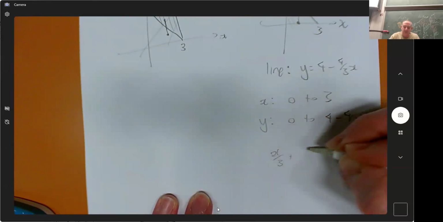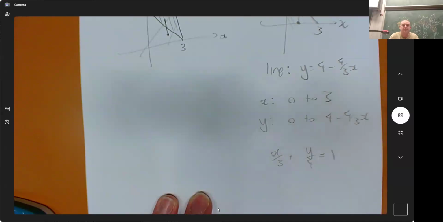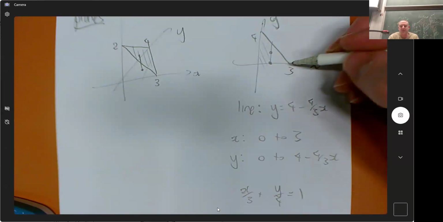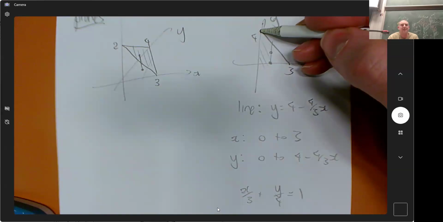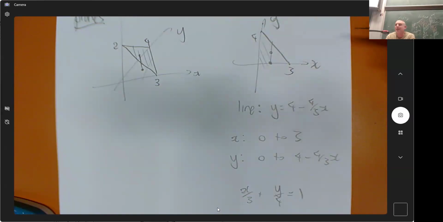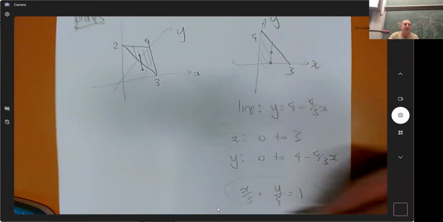And an alternative for it is x divided by 3 plus y divided by 4 equals 1. So you go the x divided by the x-intercept, y divided by the y-intercept equals 1. And that is the equation of a line that has x-intercept 3 and y-intercept 4. Isn't that cool? So that's the alternative version of that.